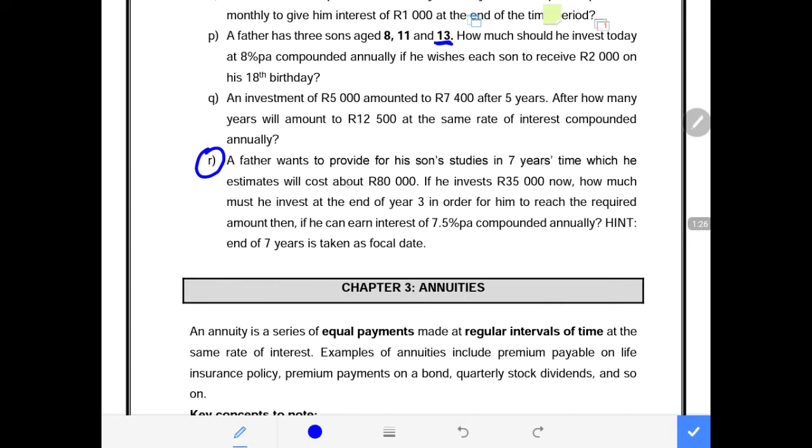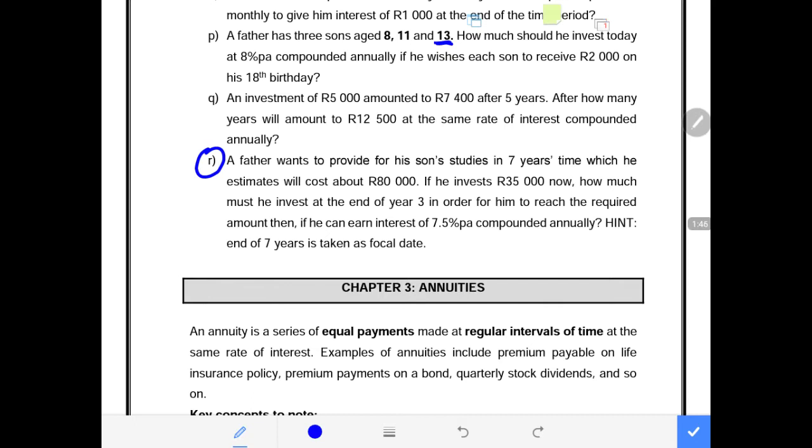A father wants to provide for his son's studies in 7 years. So the focal date is 7 years. Which he estimates will cost 80,000 rands. So in the future, the required amount is 80,000 rands.